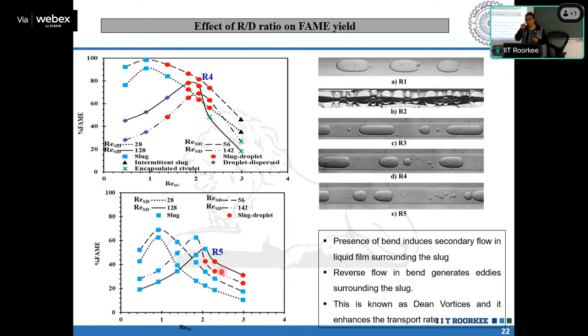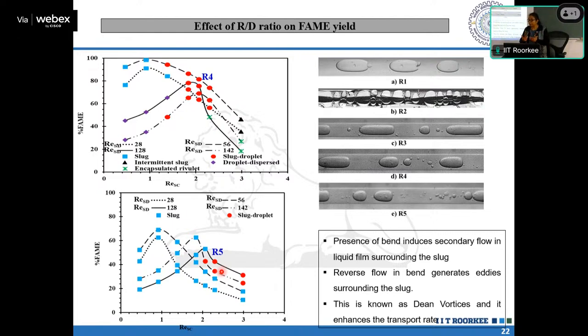If the primary direction of flow is this way, at the bend in the macro channel, due to centrifugal forces, there is a secondary flow that we observe in the reverse direction. So at bends it is almost a counter current operation. This is flowing this way and the secondary phase is flowing this way. The heavier phase is flowing this way.